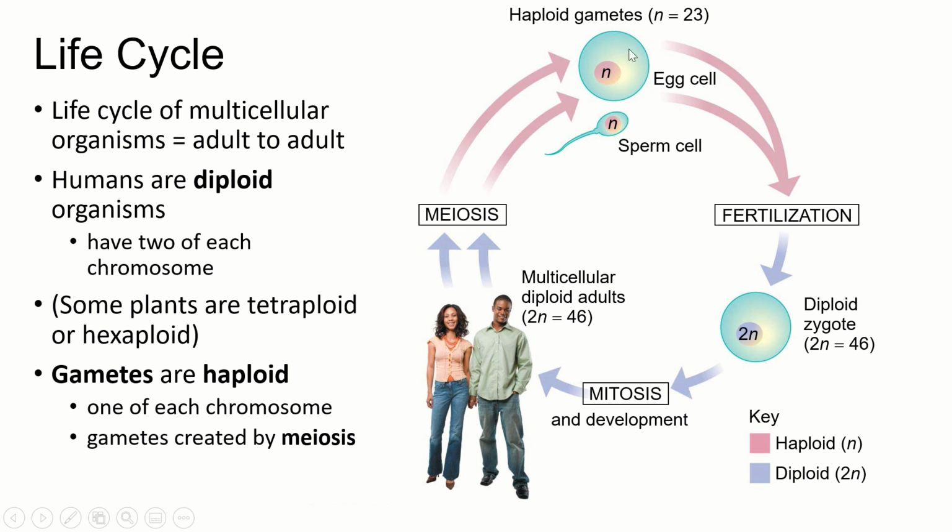And each of those is going to have 23 chromosomes. Then if those egg and sperm fuse, we call that fertilization, that creates a new cell with 46 chromosomes. And that's what we're going to talk about in the next section.